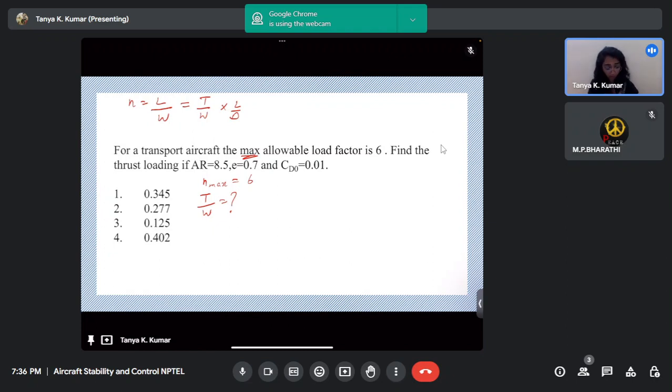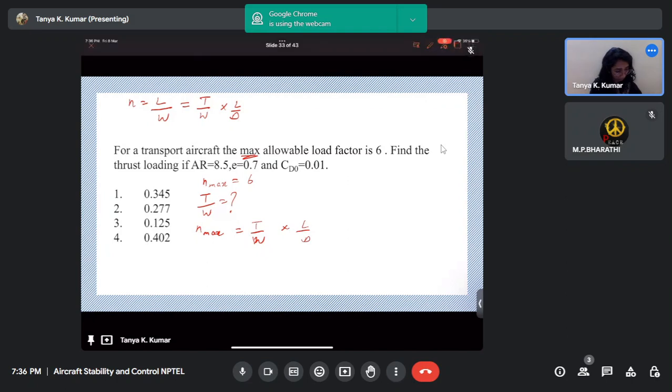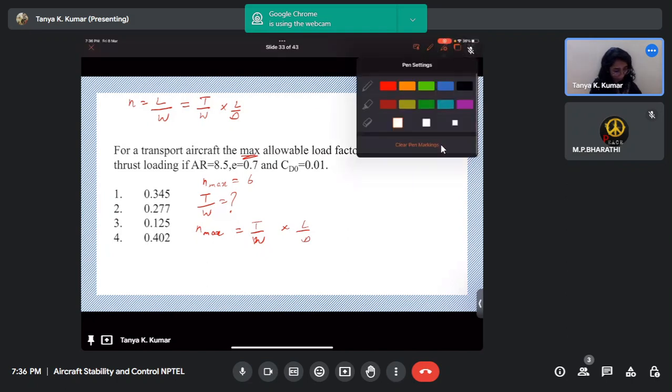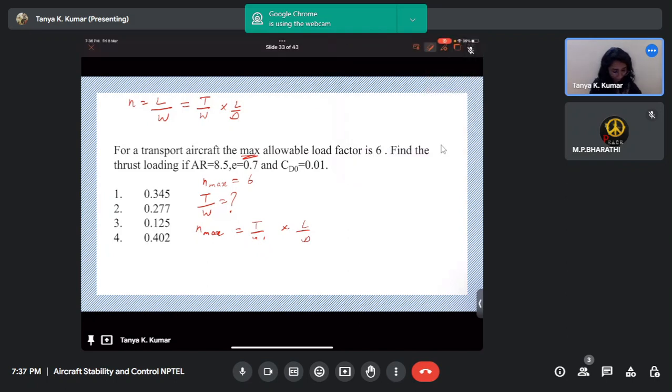Okay. So now in the question they've given you N max, not just N, it's maximum load factor. So that would be T by W into L by D. And it says maximum load factor, so both these quantities have to be maximum.